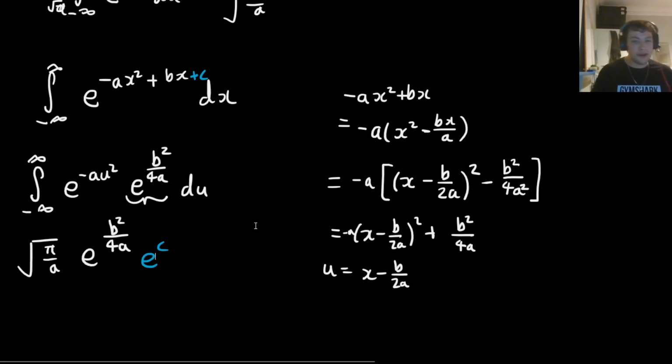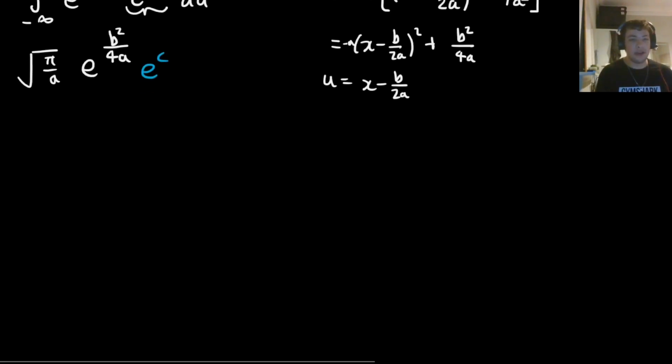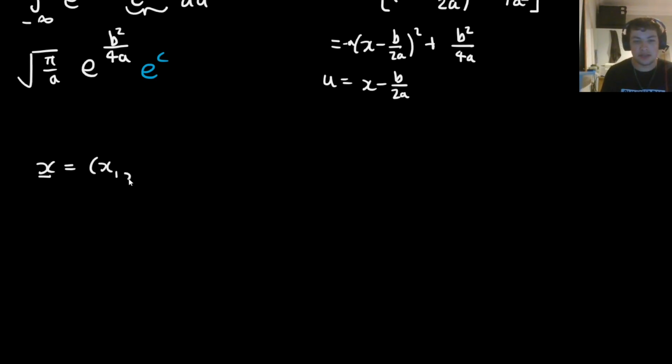So what we're going to do now is expand this to multiple variables, n variables to be precise. So let's let x equal x1 up to xn. We're going to bring in this vector j1 up to jn.